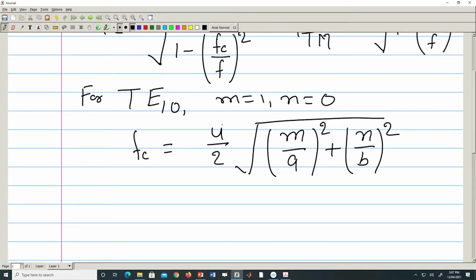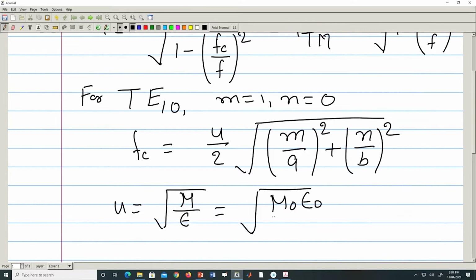It can be written as the square root of mu naught mu r epsilon naught epsilon r. Because epsilon r equals 1 and mu r equals 1, it reduces to the square root of mu naught epsilon naught.